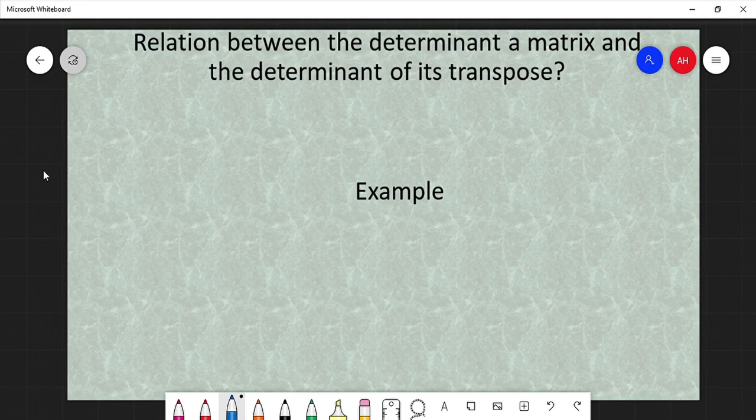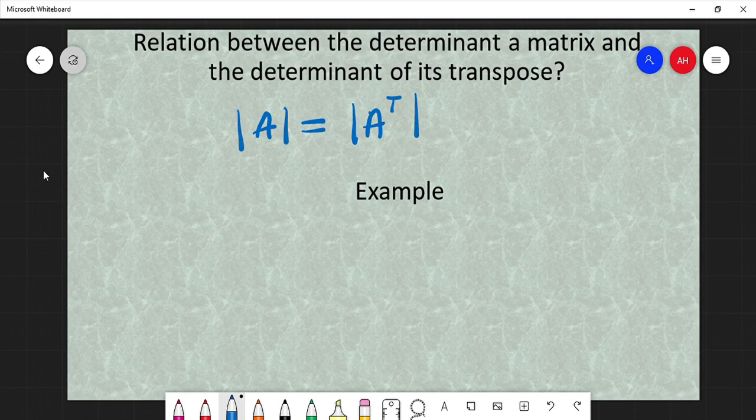Suppose the matrix is A. The determinant of A is the same as the determinant of its transpose. Meaning, we find the determinant of A and get a number. Then we transpose the matrix and find the determinant of that transpose, and we get the same value.